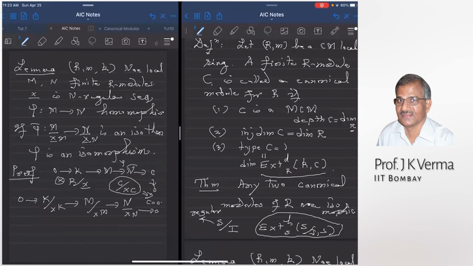Remember in the very first lecture, I showed you that when I had a 4-term exact sequence and an element is regular on the last module on the right, then I can tensor with R mod x and get an exact sequence. But phi bar is an isomorphism, so K mod xK is 0, and by Nakayama's lemma, K is also 0.